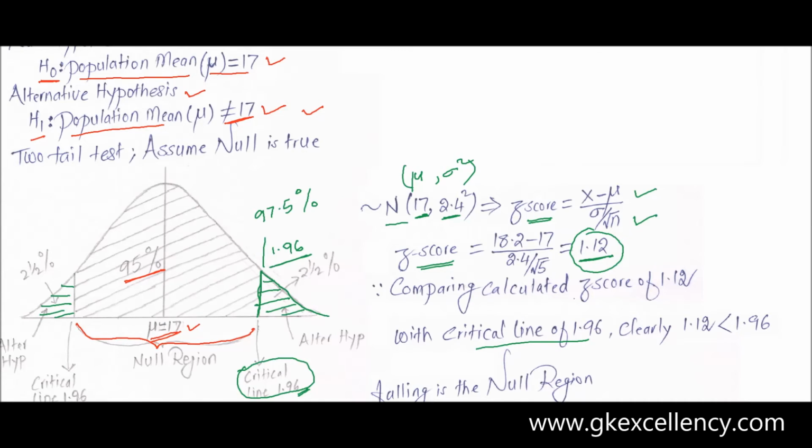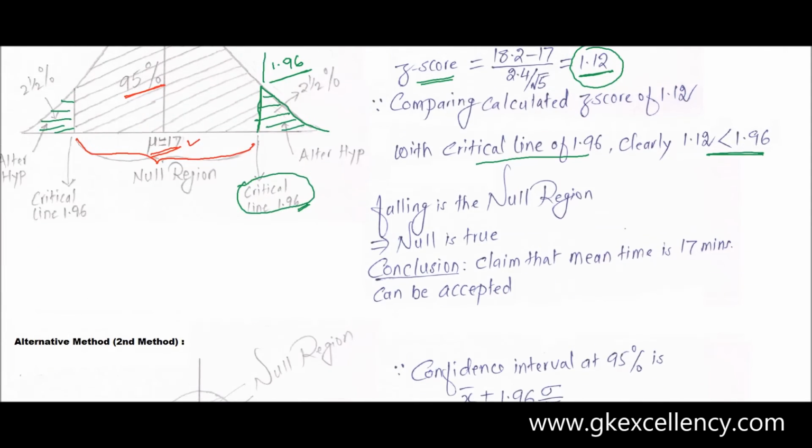Clearly 1.12 is less than 1.96, so it is falling in the null region, and hence the null hypothesis is true. The conclusion is that the claim that the mean time is 17 minutes can be accepted, and this is my answer.